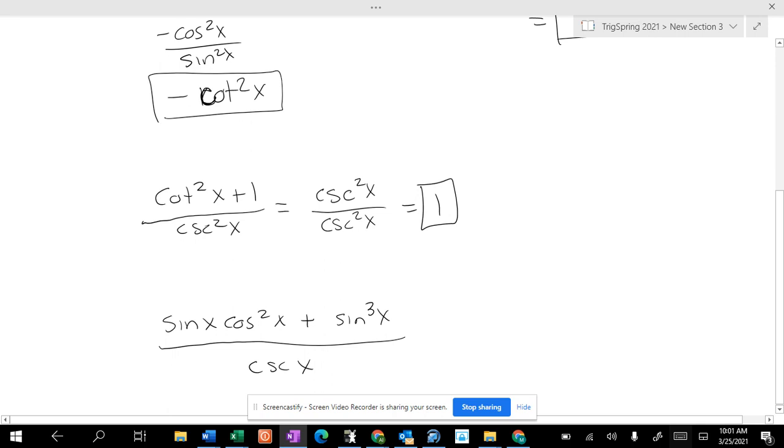So what do you think we might want to do first? You know, Mr. Bridgewater, I'm going to say that we've got to change cosecant into something else right now. You think we change cosecant into something else? Yeah, I think we want to keep it 1 over sine. I would factor. Thank you, Trey.